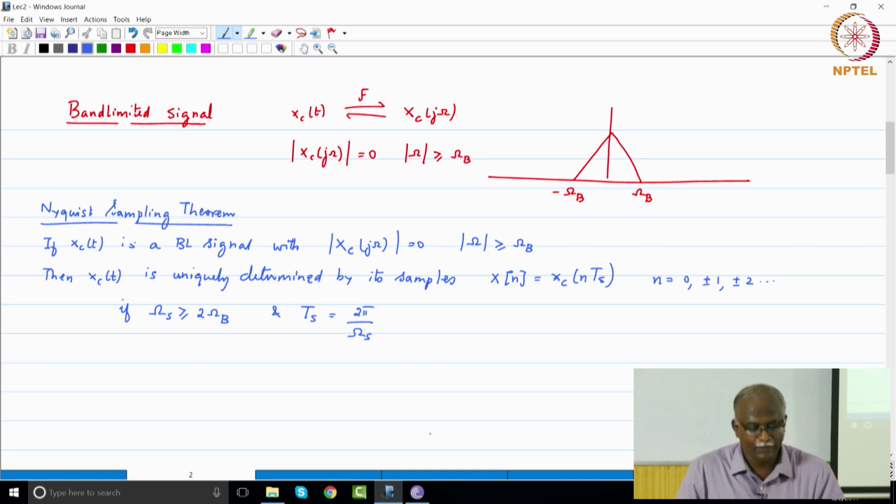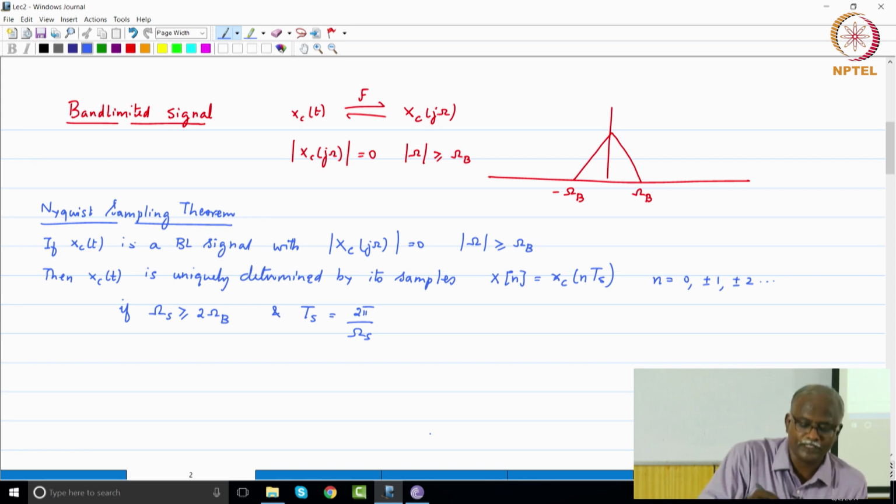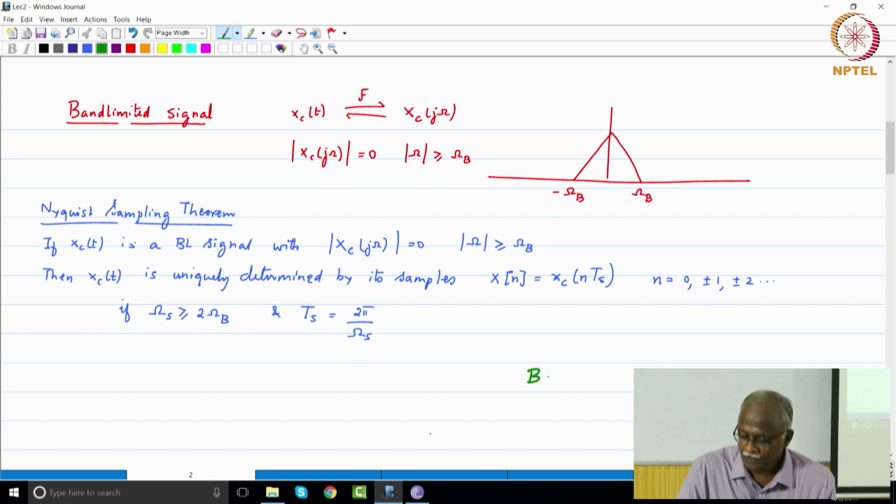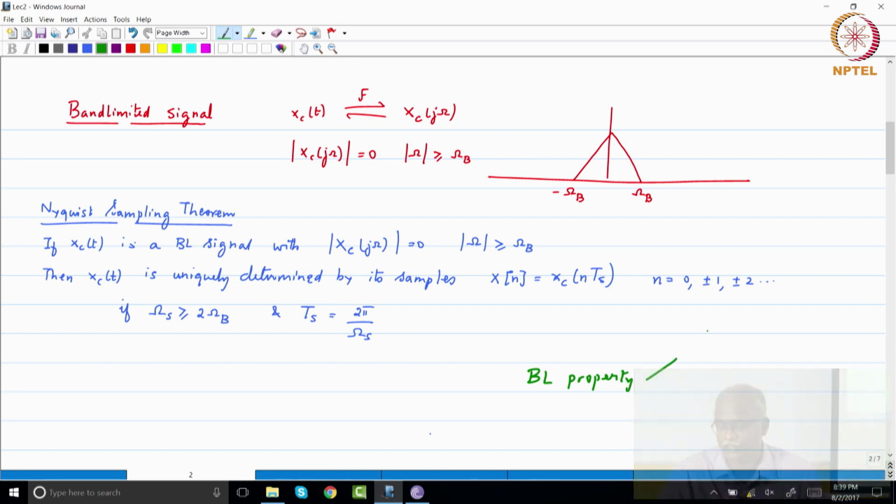So, keep that picture in mind that the band limited property either has to be inherent or it has to be forced upon it, or it has to be created via filtering.